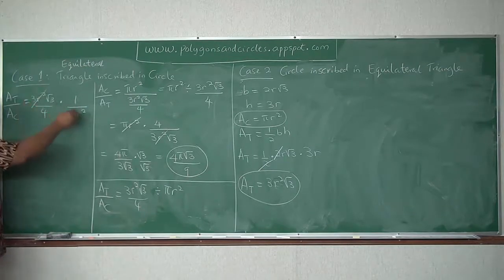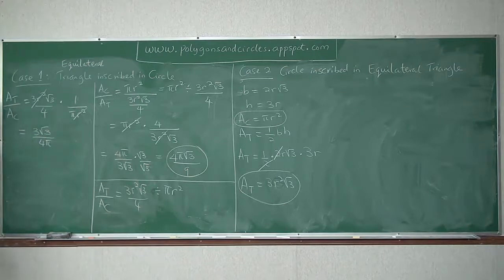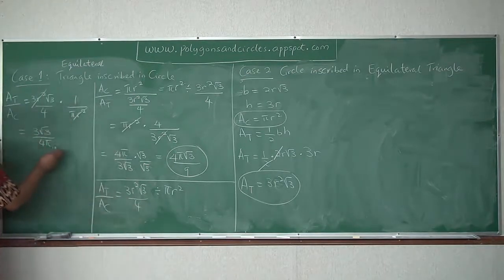So the radius crosses out, and we now have 3 root 3 over 4 pi. 3 root 3 over 4 pi. And that becomes your answer.